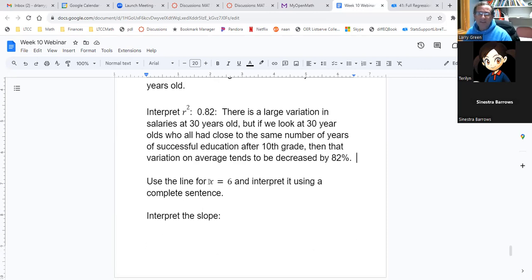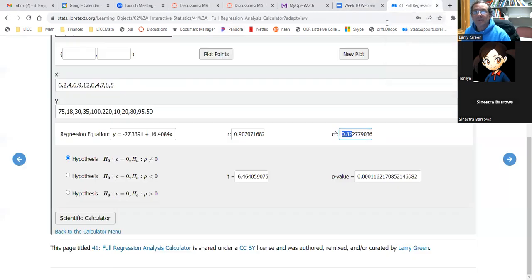All right, so let's see if we can make a prediction. If someone has 6 years of successful education after 10th grade, you think about 2 years, and you got another 4 years of college, and maybe you graduate is the idea. All we have to do is take this line here.